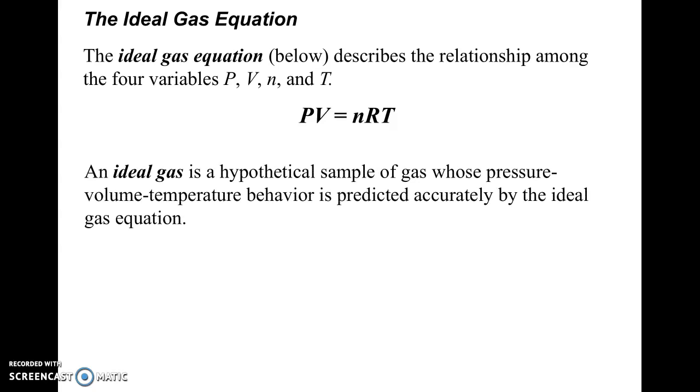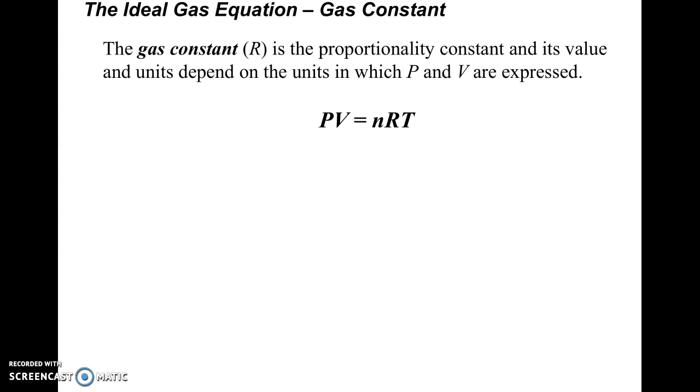So there's some important things to know about how well this applies. It applies well to a hypothetical gas sample whose pressure, volume, and temperature behavior is accurately predicted by the ideal gas law. So let's look at the gas constant.